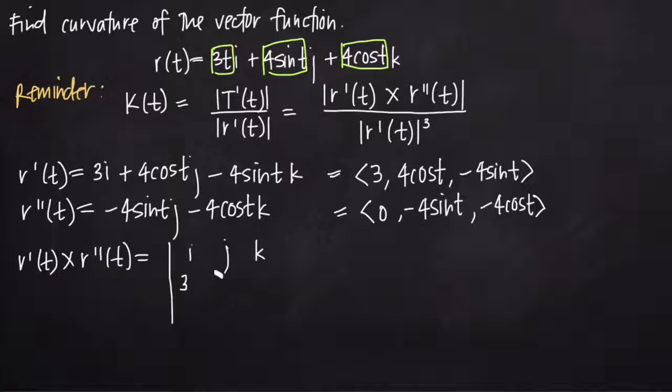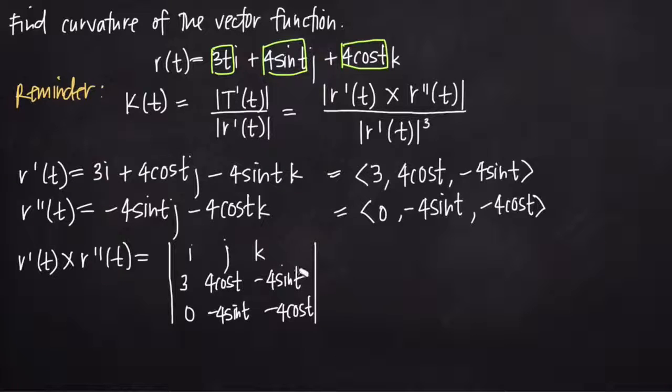So our components here: 3, 4 cosine of t, and negative 4 sine of t, like this in our third column. Then in our third row, we're going to put the second derivative. So 0, negative 4 sine of t, and then negative 4 cosine of t. So now we have our matrix set up, and we need to pull the cross product out of it.